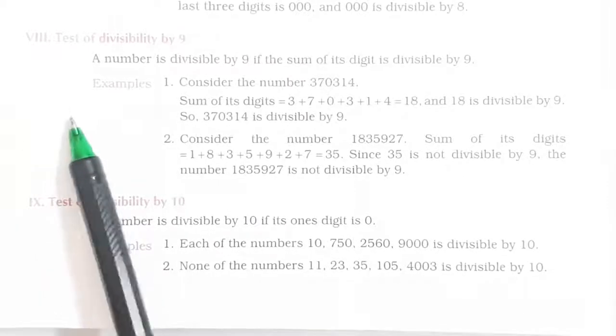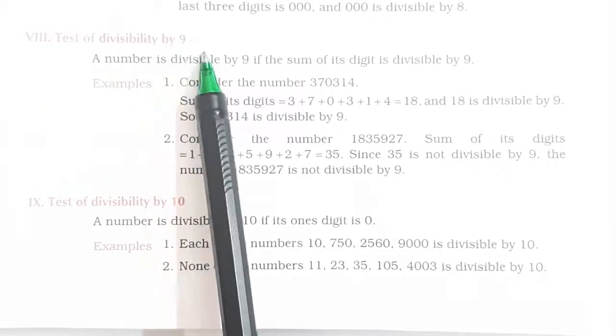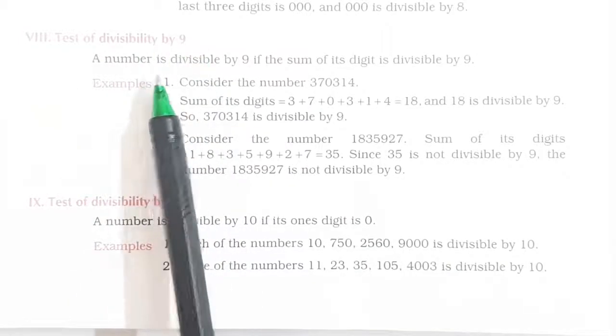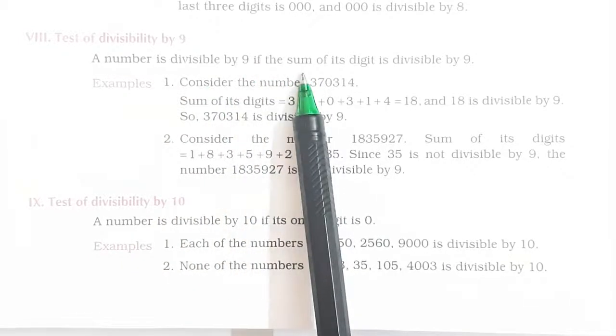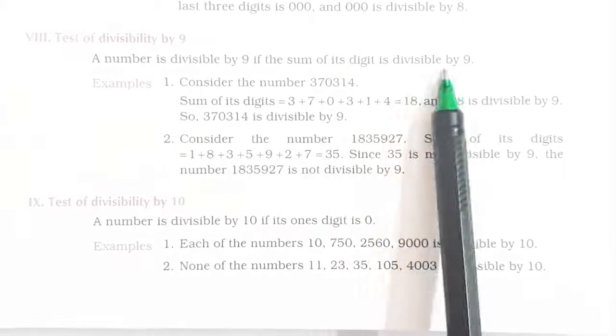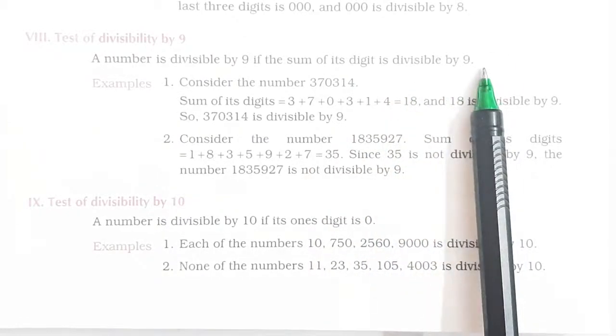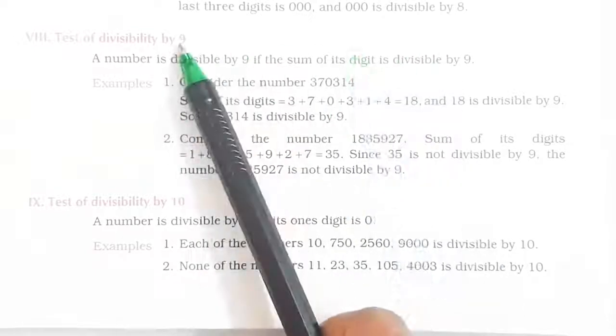Now let us discuss the test of divisibility by 9. A number is divisible by 9 if the sum of its digits is divisible by 9. It is the same as we do in case of 3.